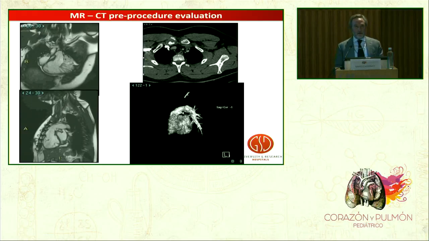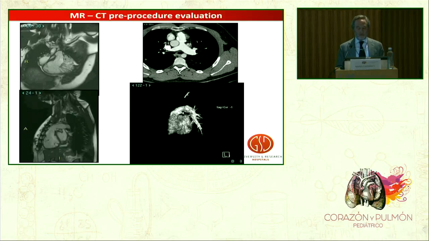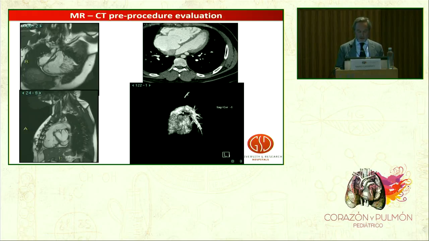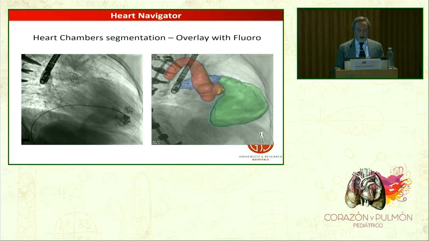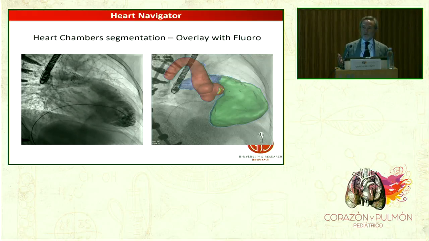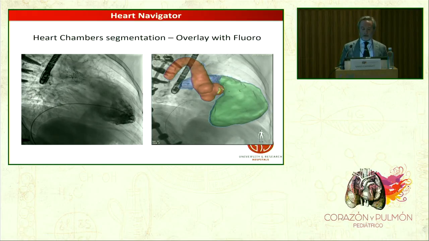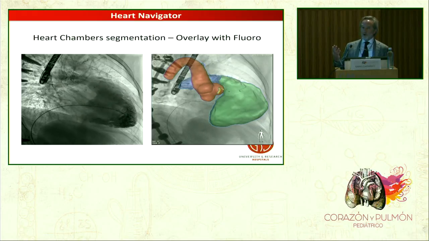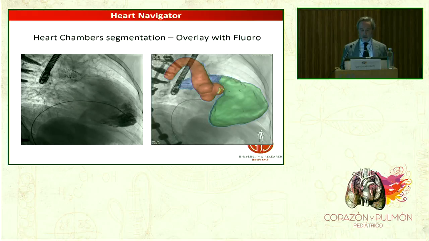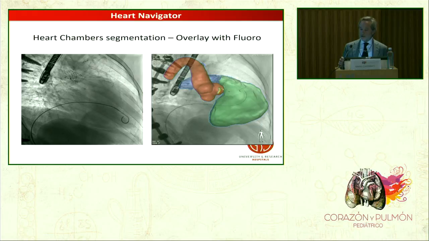Another technique, a fusion imaging technique we're using, is to previously do MRI, CT, or both in the same patient, and afterwards, by using the software called Heart Navigator, we can segment the different cardiac chambers or vessels, which are superimposed with the real-time fluoro, and it's going to be a useful guide to see where the wires and catheters are going.